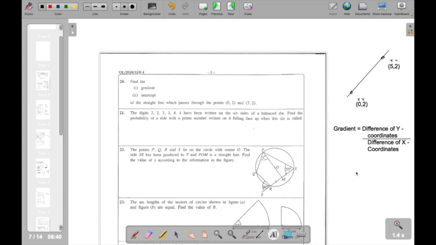Right, and you should take a specific order. Let's take this point minus this point. You should follow the order: 2 minus 2 over, right? We took this point first, so let's take the x coordinate of that point and subtract 0.